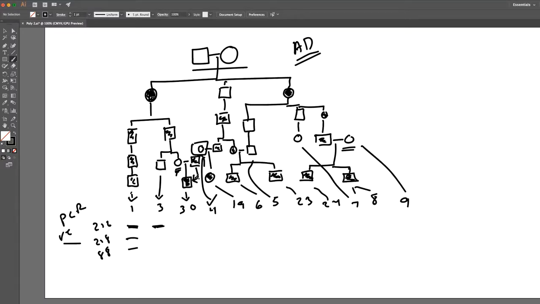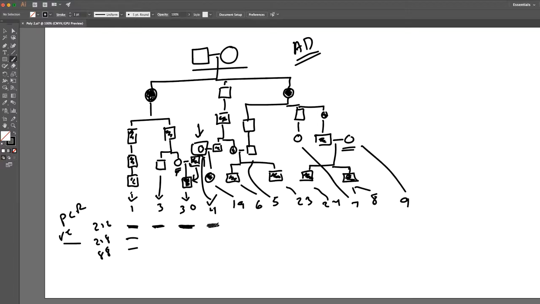But in this particular case, a male came along and they had a son that was afflicted, and that mutation comes from the father. So it turns out number 30 shows up as the two wild type versions of the protein. 4 is this person here.